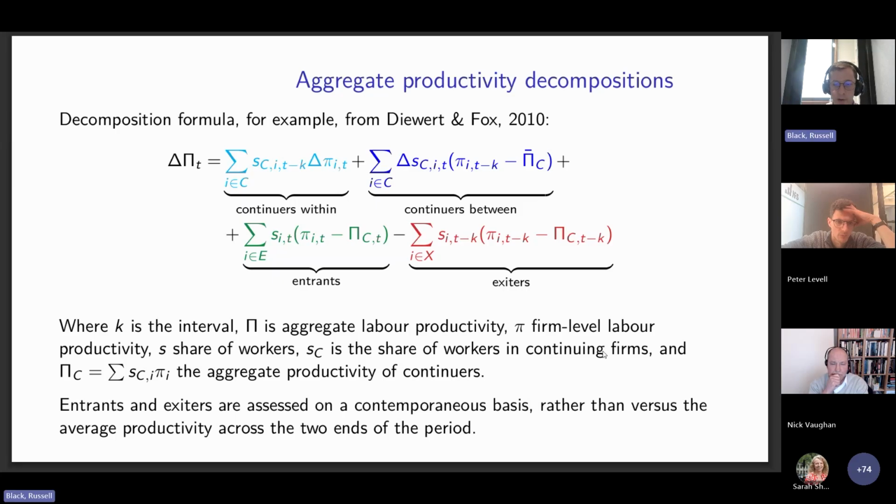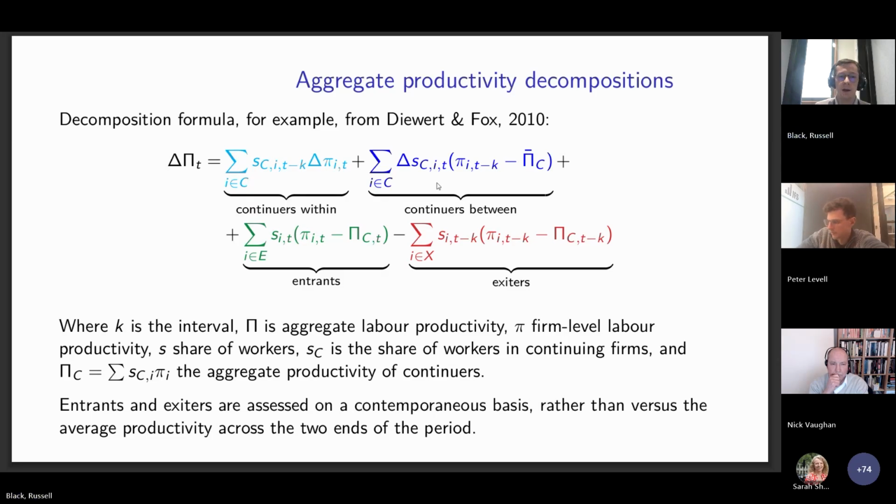This is the aggregate productivity decomposition formula I've applied to the data. We have total productivity change, delta pi, which is the sum of a weighting of the within firm growth rates, the firm level lowercase pi growth rates weighted by their shares of the economy, plus the change in the shares of the continuers, weighted by their own productivity and importance to the economy.